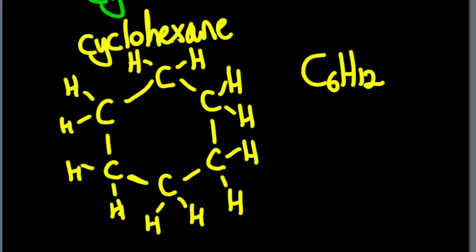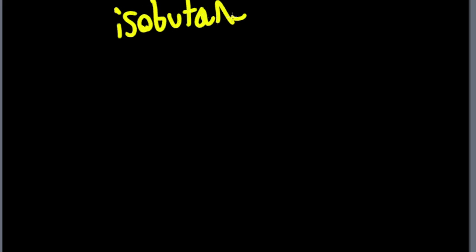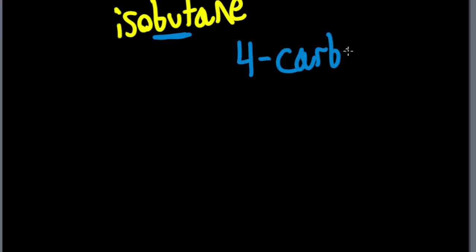My next one, talking about iso, is going to be isobutane. So "but" tells me that I'm going to have 4 carbons. The "ane" tells me it's going to be single carbon-carbon bonds.